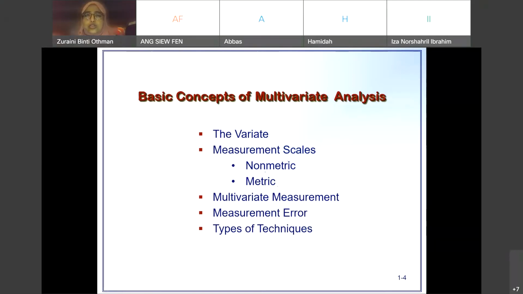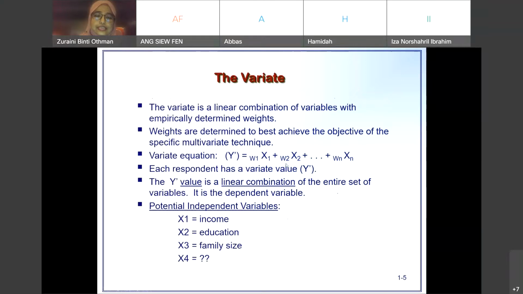We will review what multivariate analysis is and what techniques will be used in this analysis. We won't go deeper into one technique or another, but we will cover everything, like an overview of this analysis.